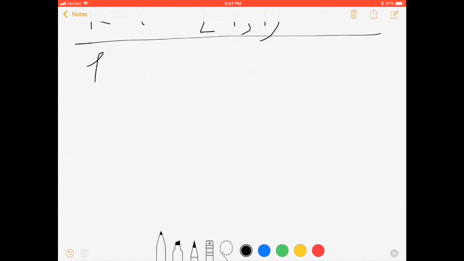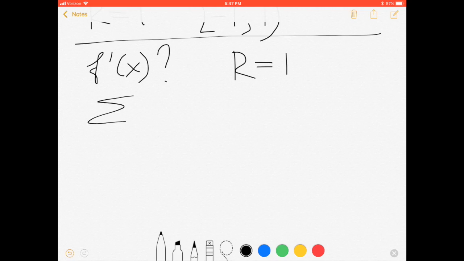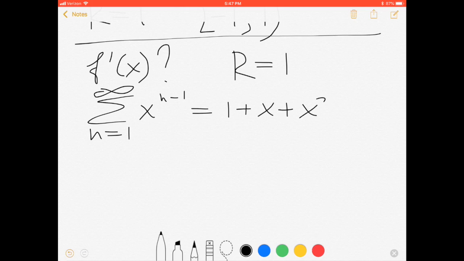What about the derivative of our function? We have the radius of convergence equal to 1. As you remember, the derivative is the sum of x to the power n minus 1, starting with 1 to infinity. You can easily see it's a geometric series, because the series is 1 plus x plus x squared and so on.